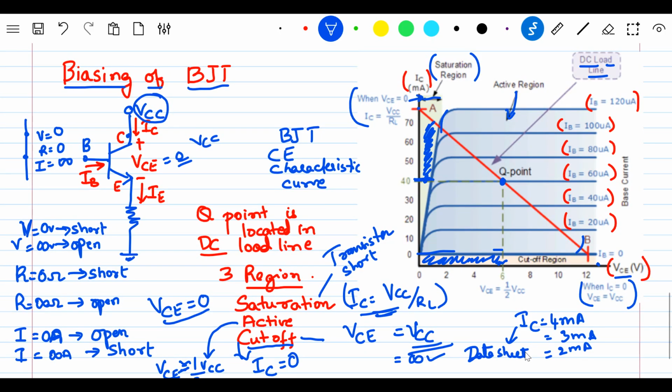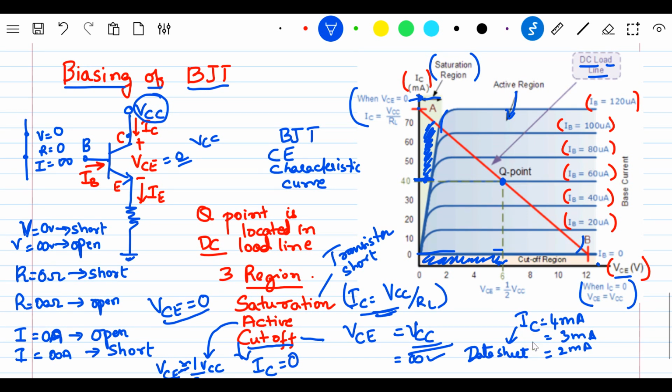Now we'll see out of these three regions which would be the region for me to design an amplifier so that it can give maximum gain. As I said, if my transistor gets into saturation, it will be closed, whereas if my transistor gets into cutoff, it will be open.